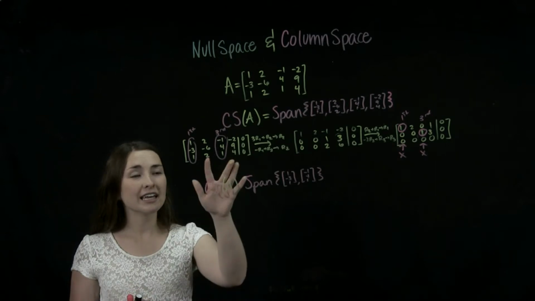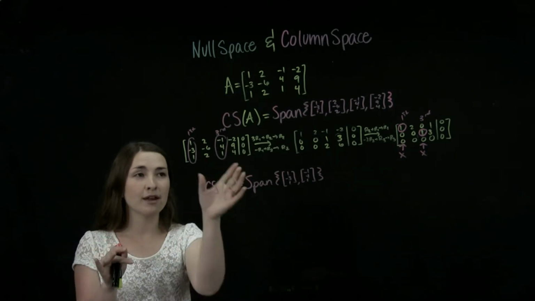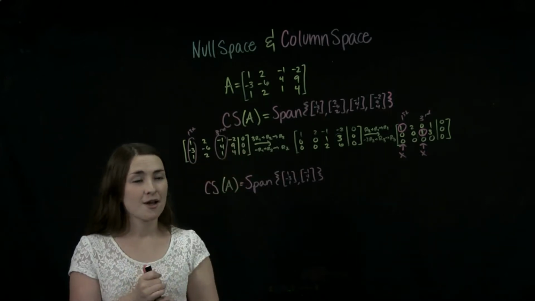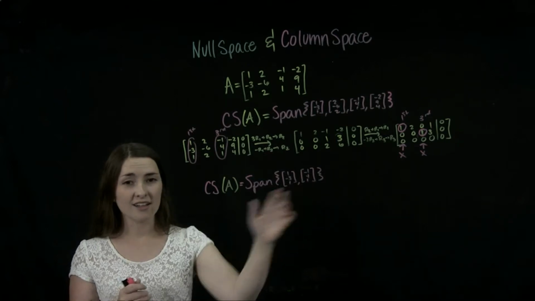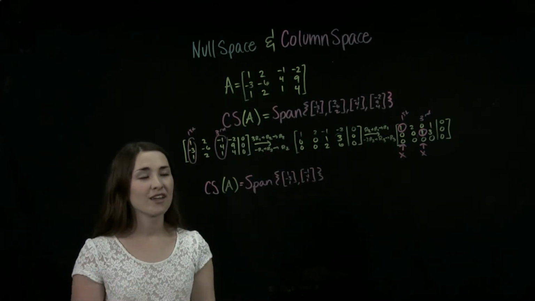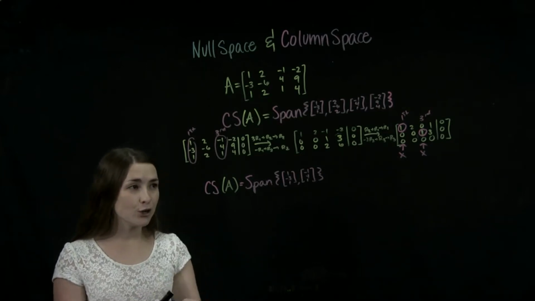So it's not only going to give us these two vectors, but it's also going to give us all linear combinations of these 4 vectors, because we can create each of these vectors from a linear combination of these to start with. So our column space here is going to have a dimension of 2.